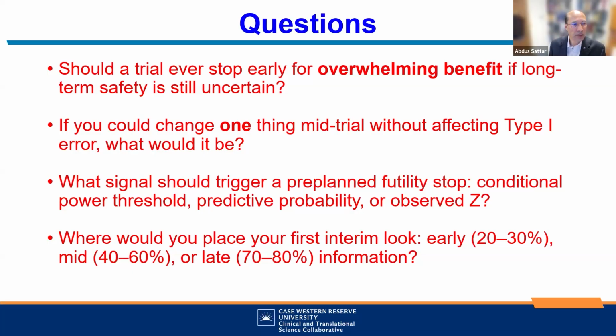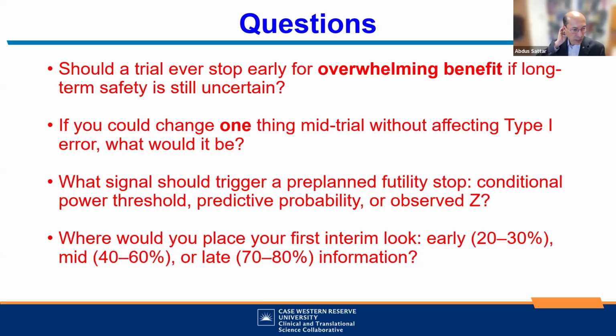The second question: blinded sample size re-estimation on variance, accrual strategies, logistics, not comparative endpoints or randomization without rules. And the third question, what signal should trigger a pre-planned futility stop? It is fine if pre-specified. Explain the pros and cons of predictive probability, as used in Bayesian settings.